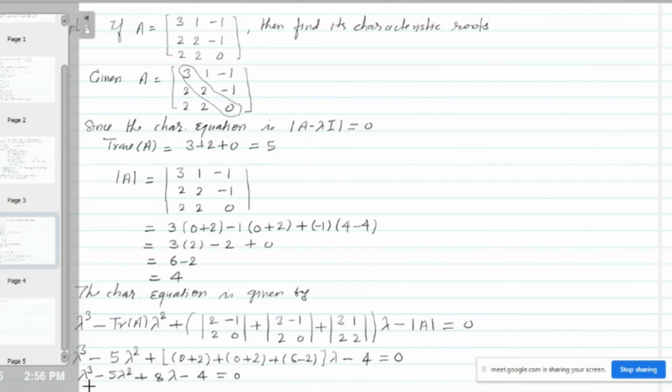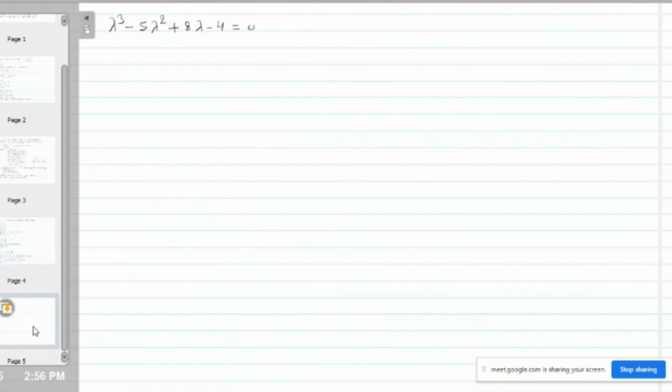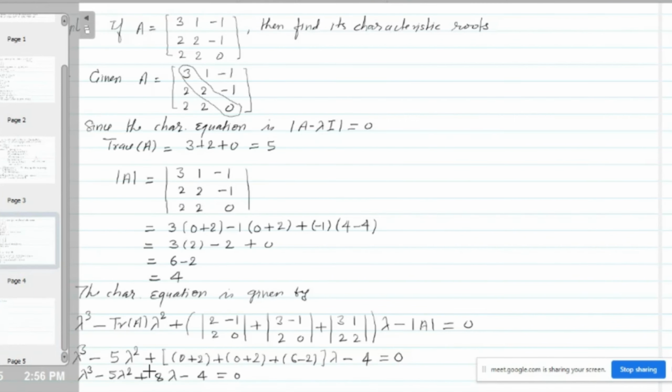Let us verify first. Lambda cubed minus 5 lambda squared plus 8 lambda minus 4. Okay, correct.